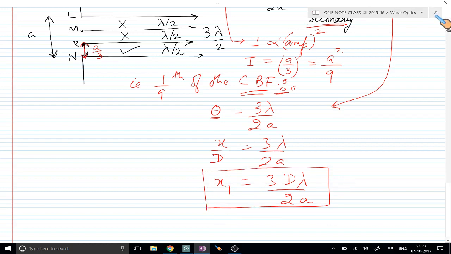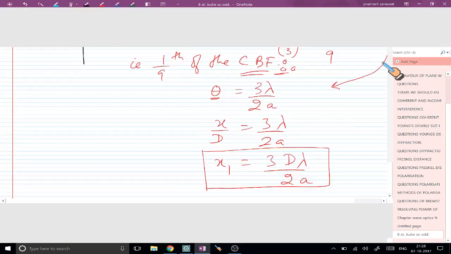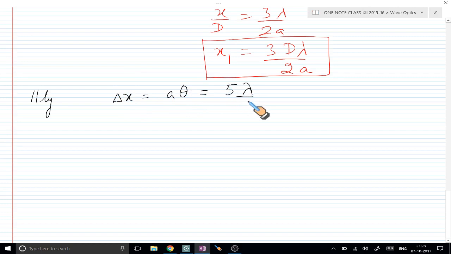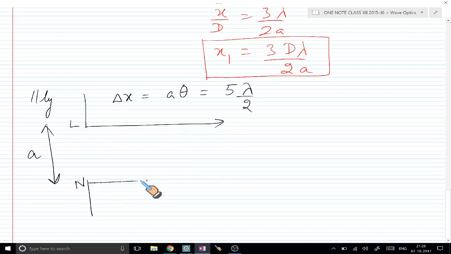So we say that this first bright fringe is x1. Similarly, if we say that the path difference, which is a theta, let it be equal to 5 lambda by 2. Now we divide LN, which is the width a of the aperture. The waves from L to N have a path difference of 5 lambda by 2. Let us divide LN into 5 equal parts.